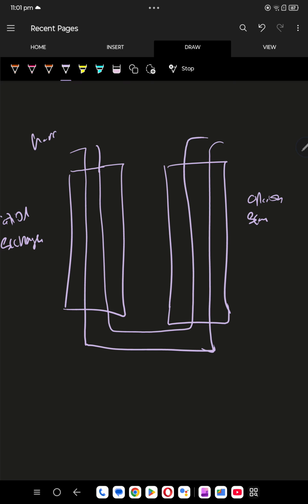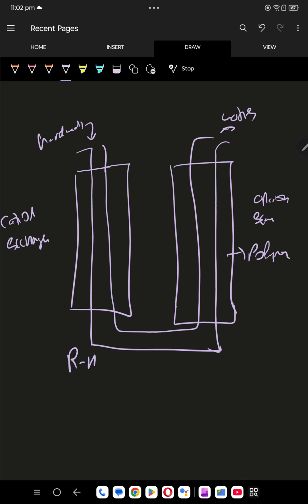Hard water is going to enter through this, and potable water is going to exit through this. And the next labeling is that this is basically a polymer bed, and this will have RH+, and this will have ROH-. This much you have understood.